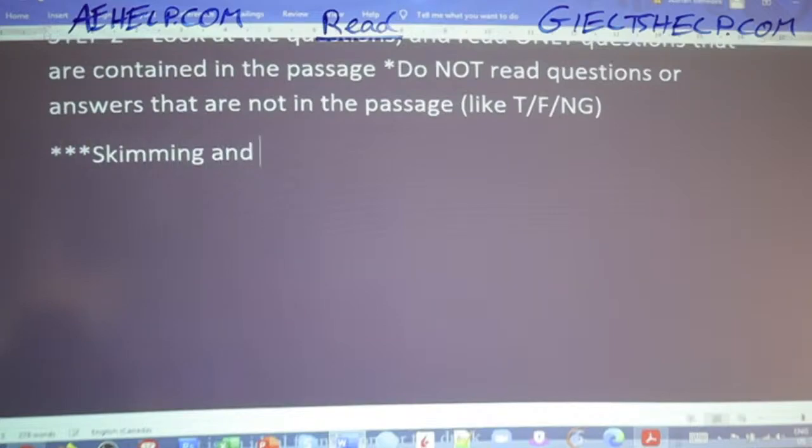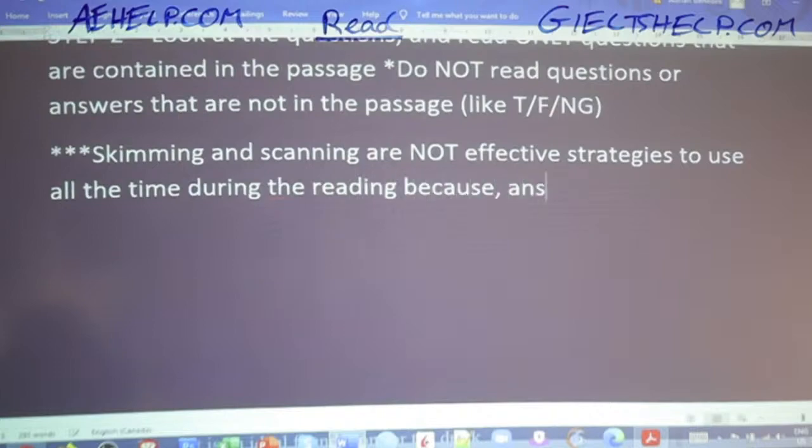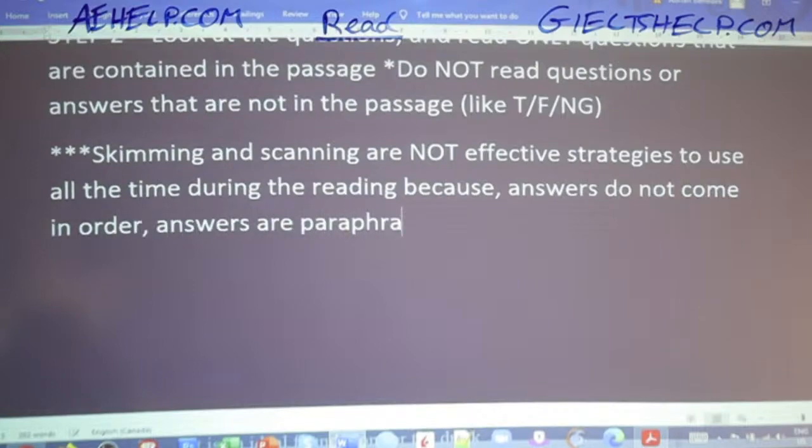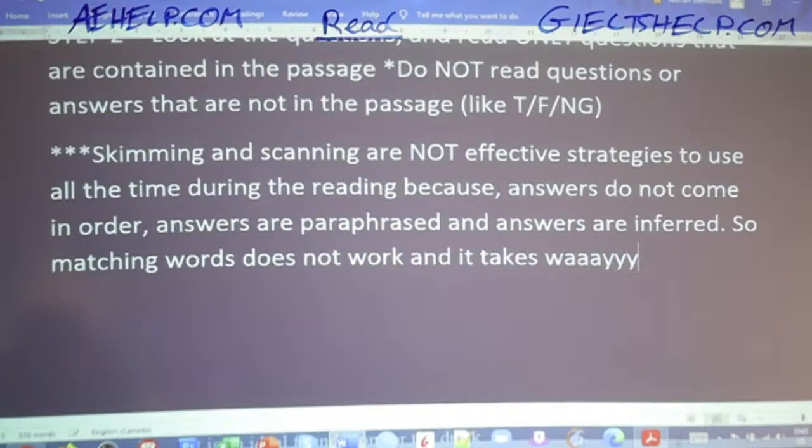So skimming and scanning are not effective strategies to use all the time during the reading because answers do not come in order, answers are paraphrased, and answers are inferred. Okay, so matching words does not work, and it takes way too long.